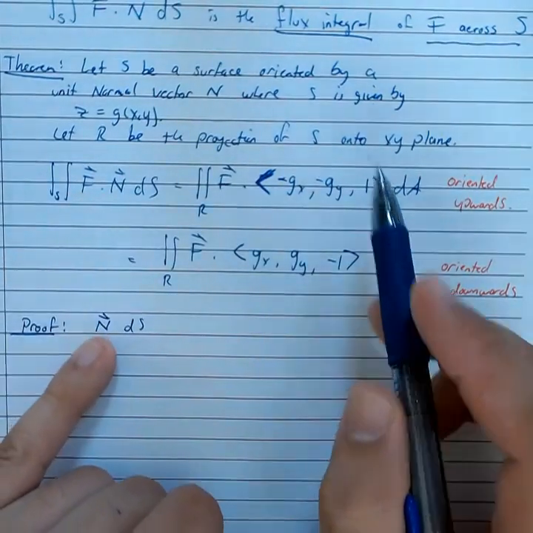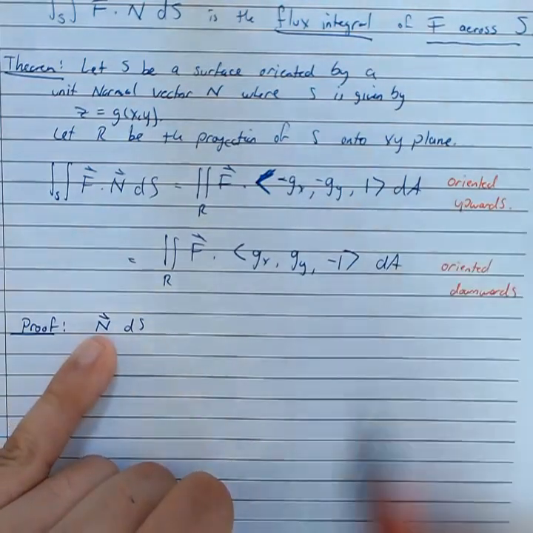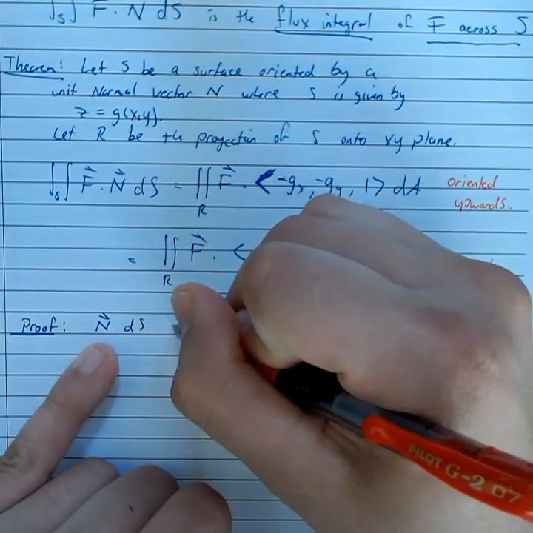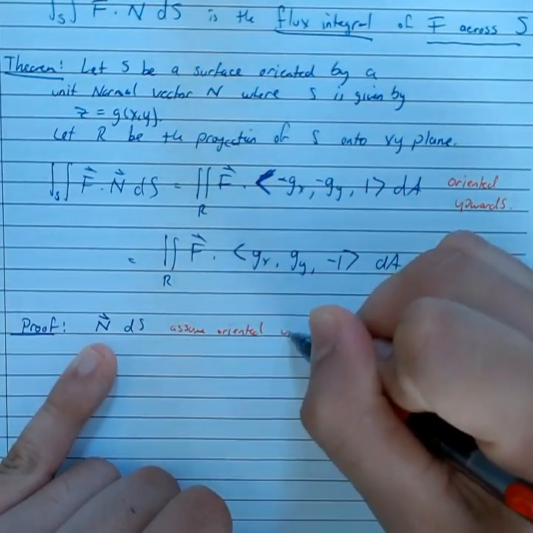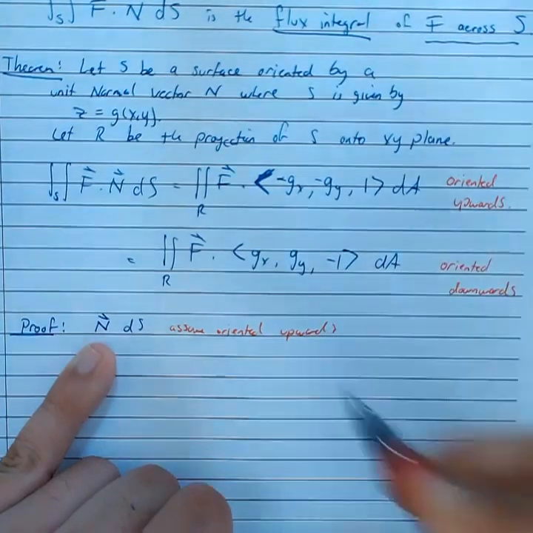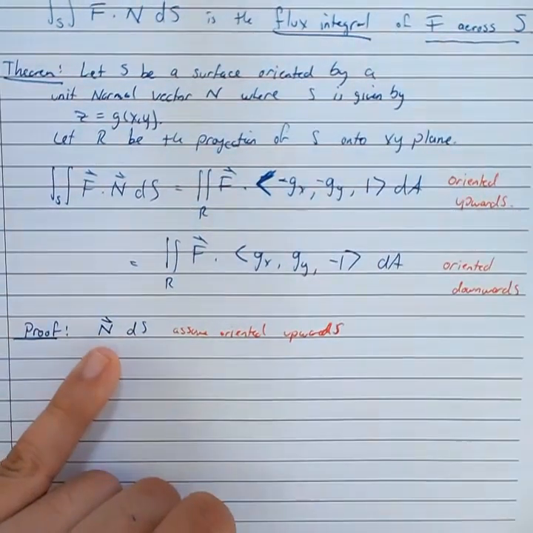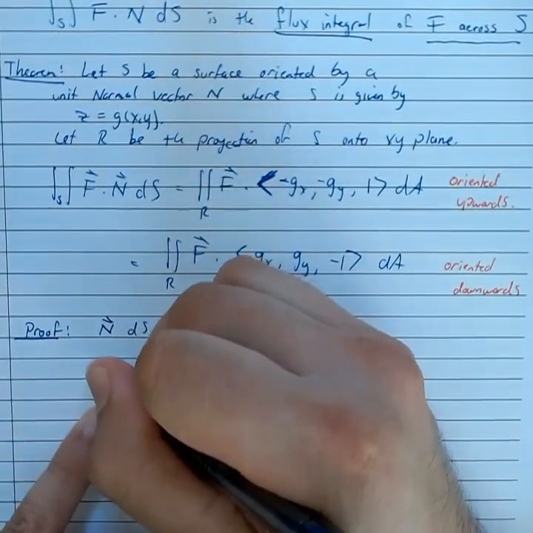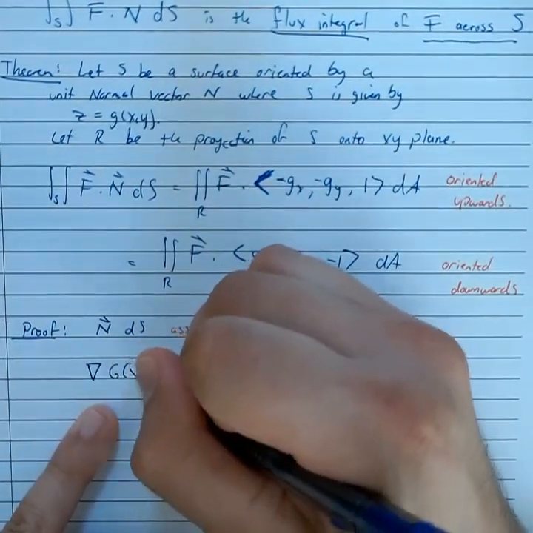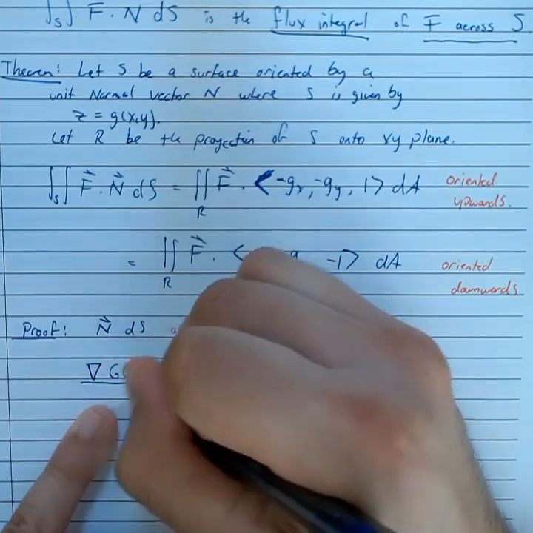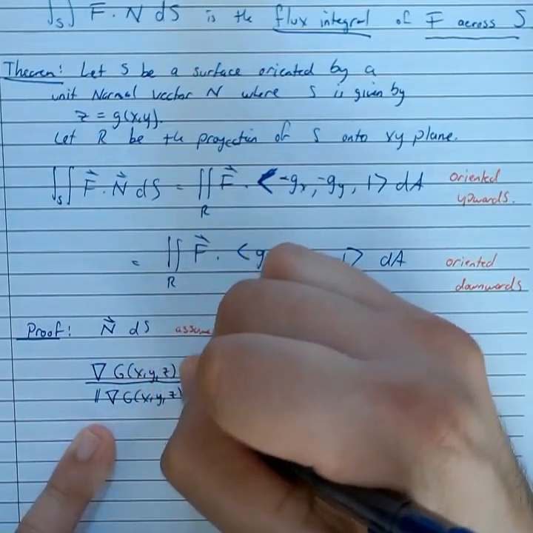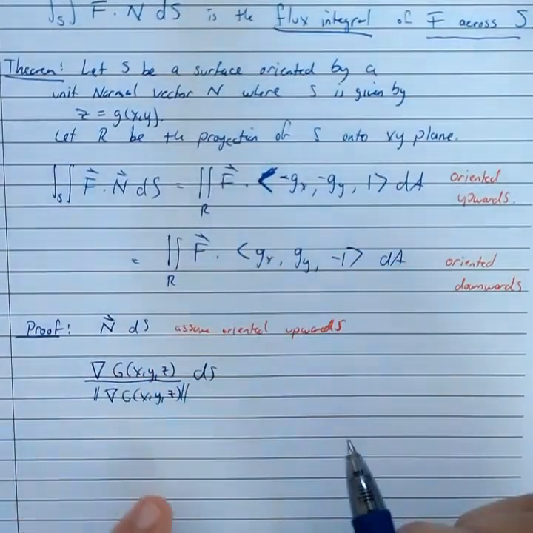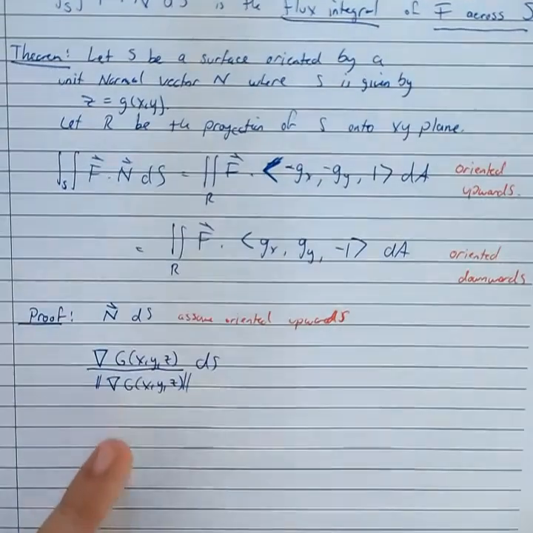Here I'm going to be focusing on the upward orientation. Assume oriented upwards. Then you have that n is given by the gradient of G of x, y, z over the magnitude of the gradient of G of x, y, z dS. After all, this is just the definition of our normal vector, as we saw just a moment ago.